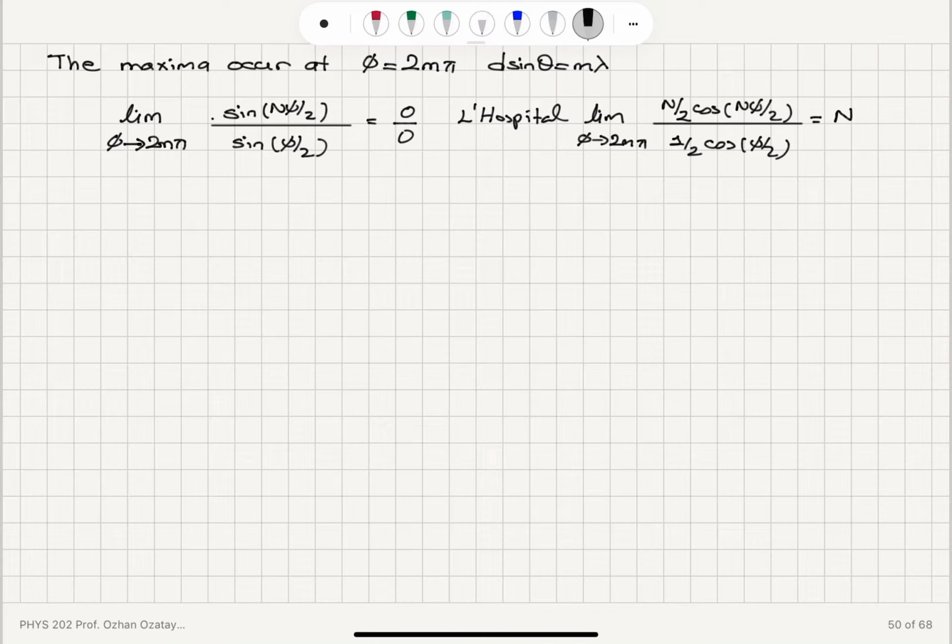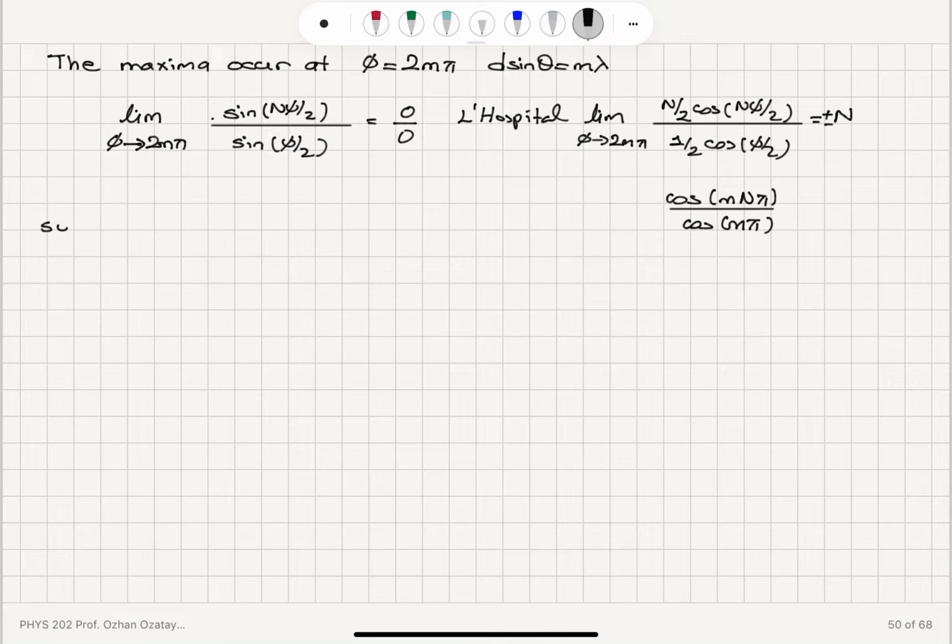So let's see here, we're obtaining cosine(mNπ) divided by cosine(mπ), right? So this is either plus 1 or minus 1. So basically we will obtain plus or minus N here depending on the values.